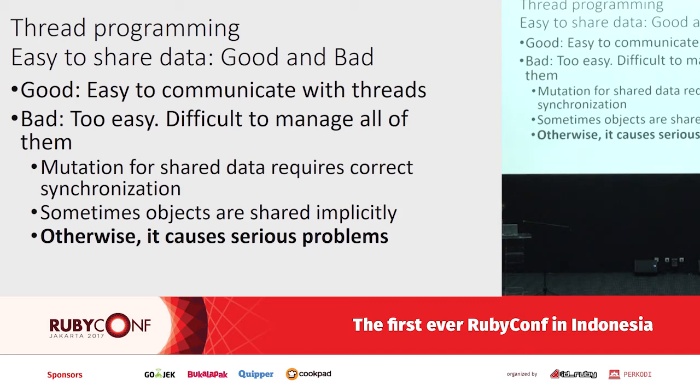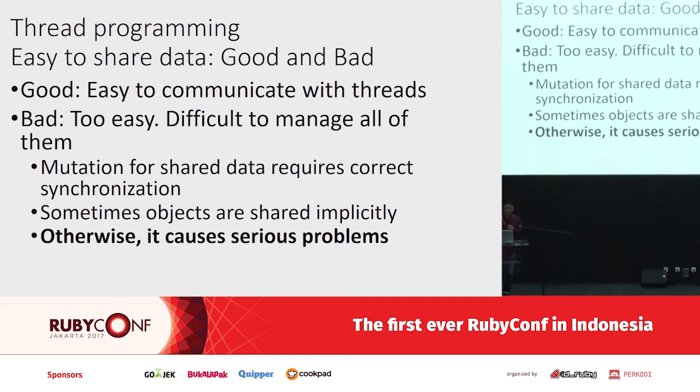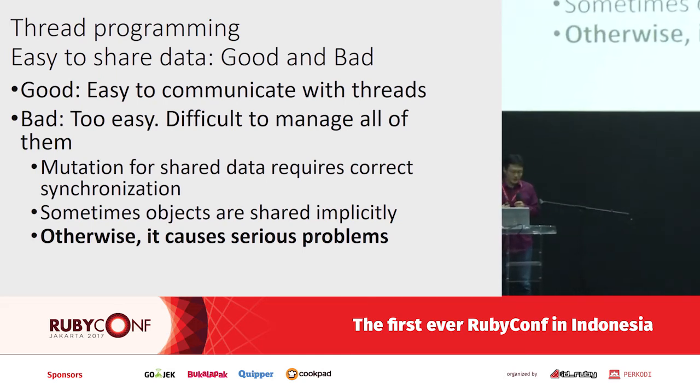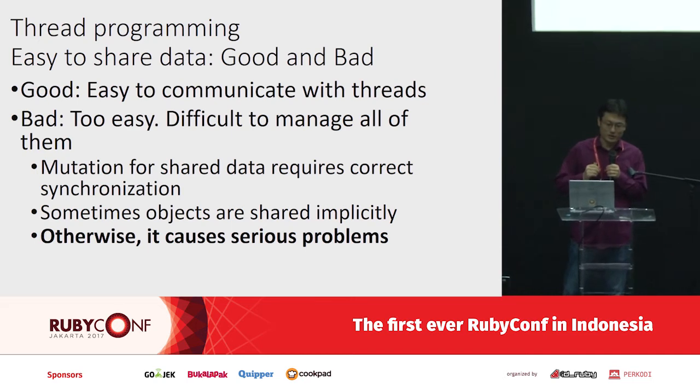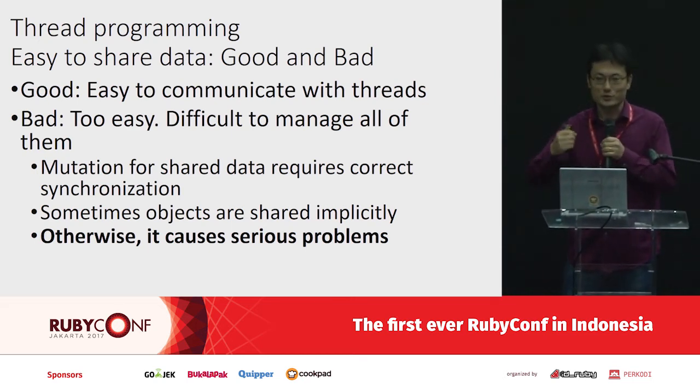But it includes some difficulty of programming. It means the advantage is that it is very easy for threads to communicate with each other, but it is too easy to share. So it is difficult to manage all of them.